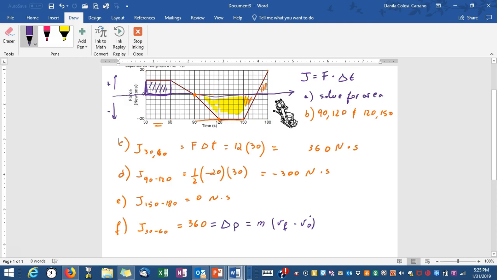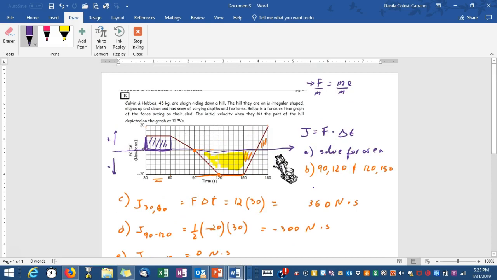Now, reading the problem, if you read the text here, they say you have the combined mass, which is 45 kilograms. I assume this is combined; this means that the combination of those two is 45. They say the irregular shaped hill, blah, blah, blah, below a force. So they say the initial velocity when they hit the part of the hill depicted on the graph is 11.